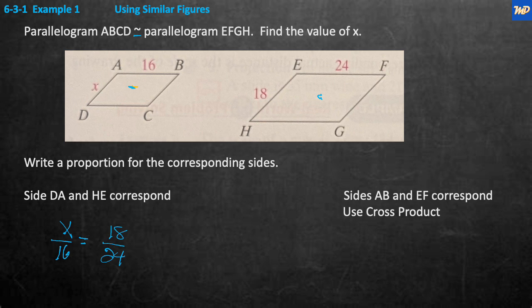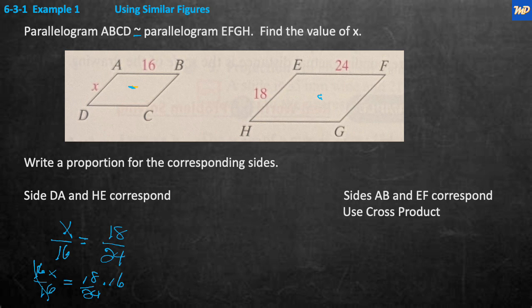multiply both sides by 16 to get rid of the 16 in the denominator. So you would say 16 times x over 16 is equal to 18 over 24 times 16. Now the 16s over here cancel, so you end up with x equals 18 times 16 divided by 24.